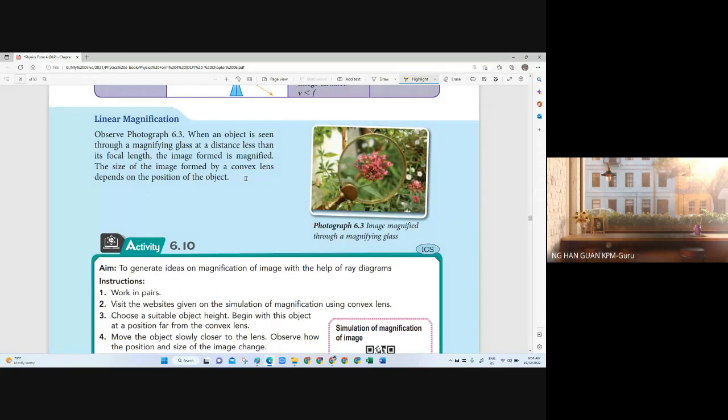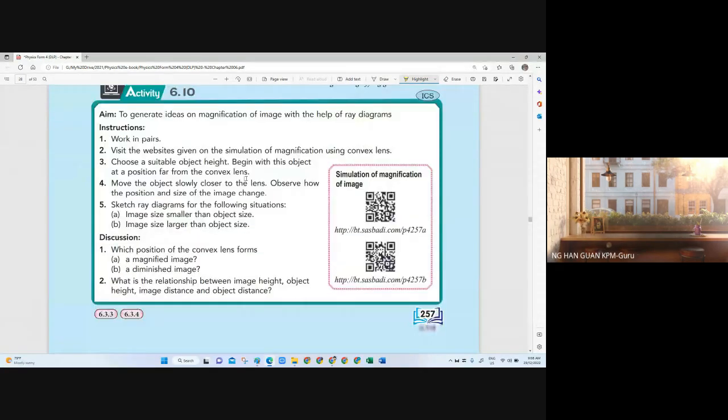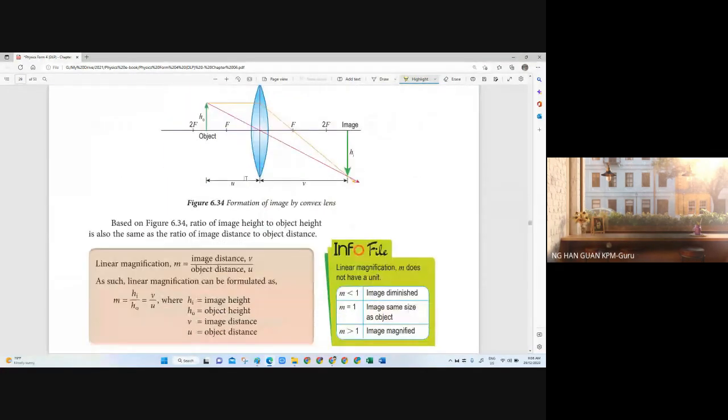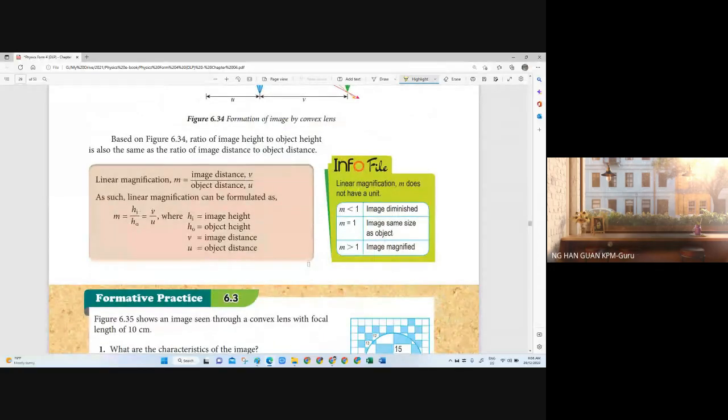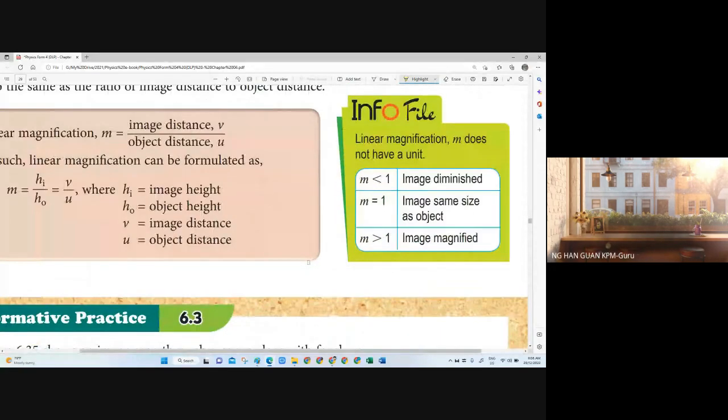Actually, this magnification is one of the factors to know whether the image formed becomes bigger, the same size, or smaller. When the linear magnification, with symbol m, is less than 1, it means the image will become smaller, so you get a diminished image.